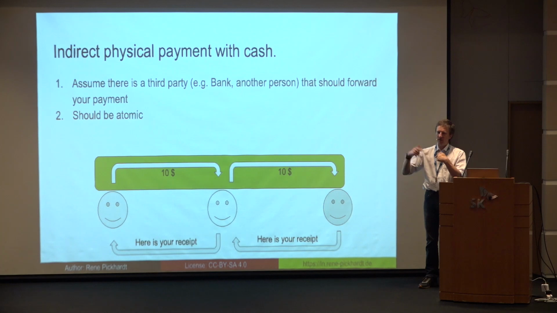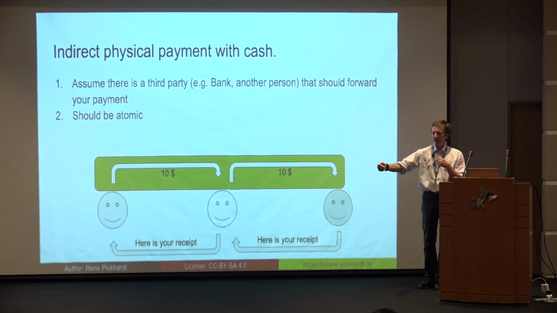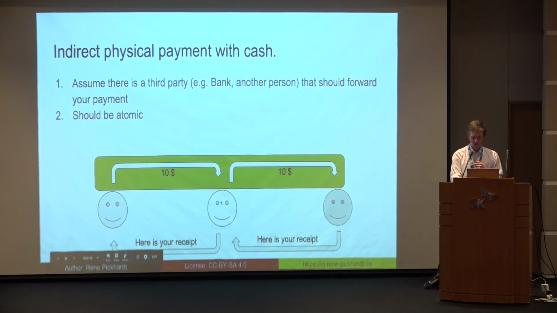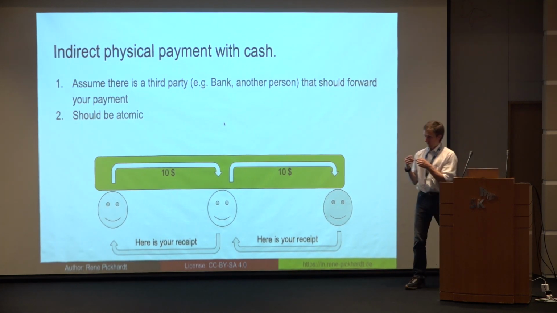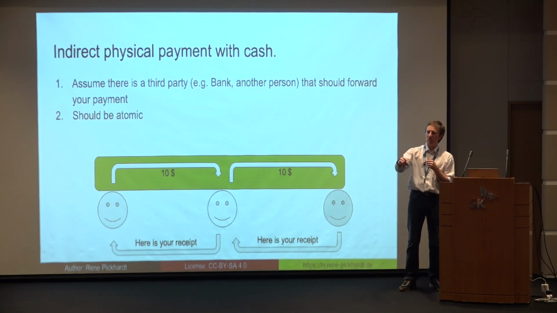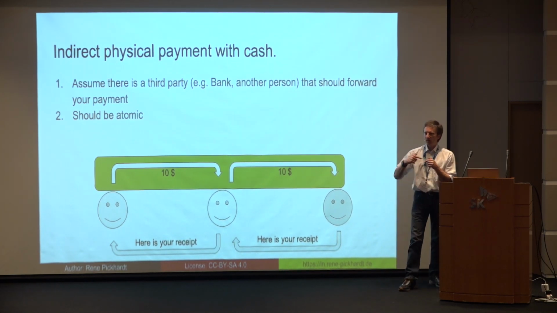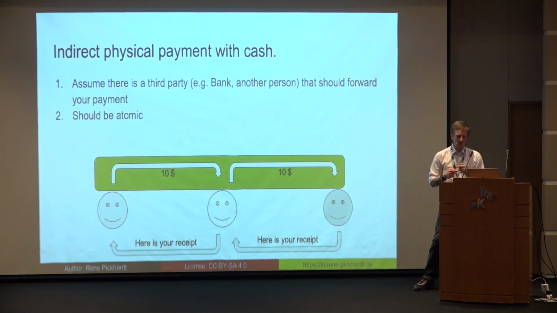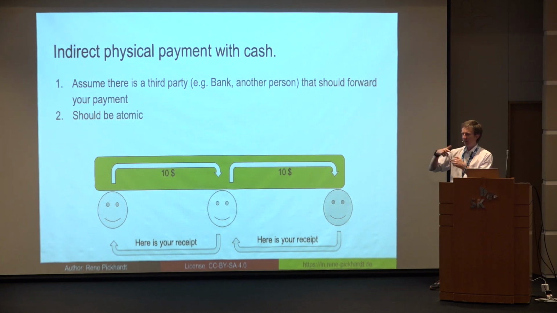So if we have a three-party situation where I have a channel to Alice and Alice has a channel to Bob, so I'm here, Alice is here and Bob is here, and now I want to pay Bob, without setting up a direct channel, because I already have a channel to Alice and Alice already has a channel to Bob, then we would like to have the ability to update these IOUs between us in such a way that the middle person cannot run with the money.